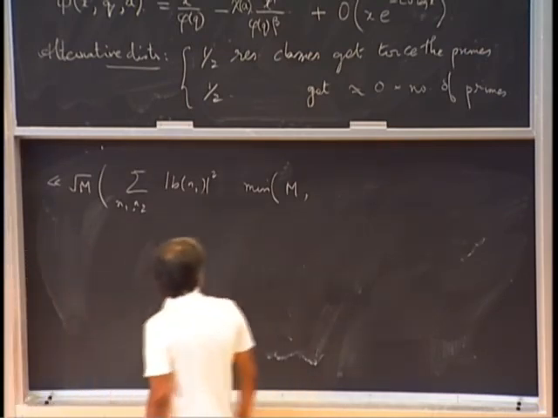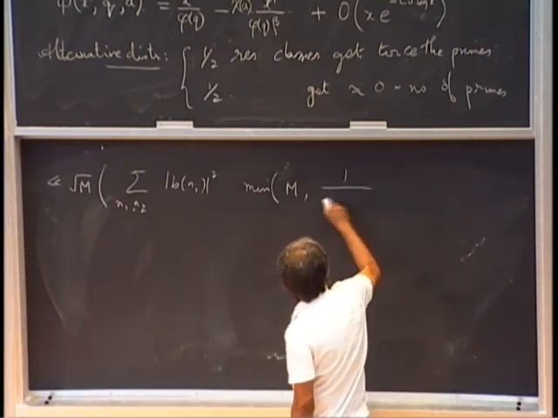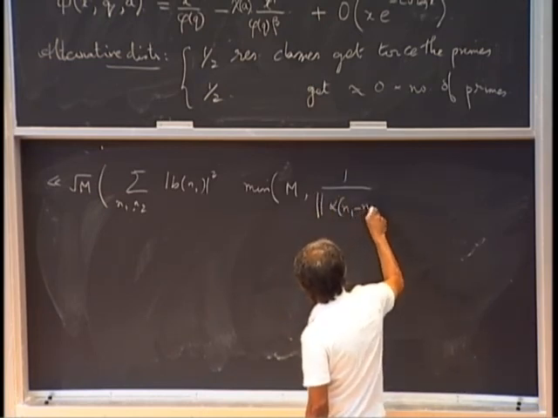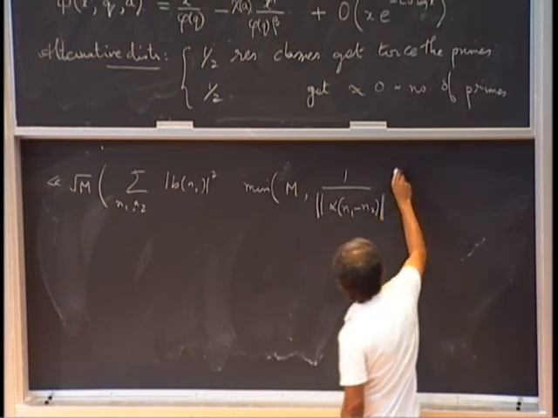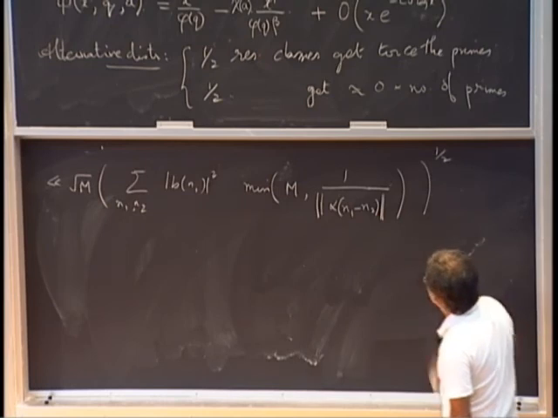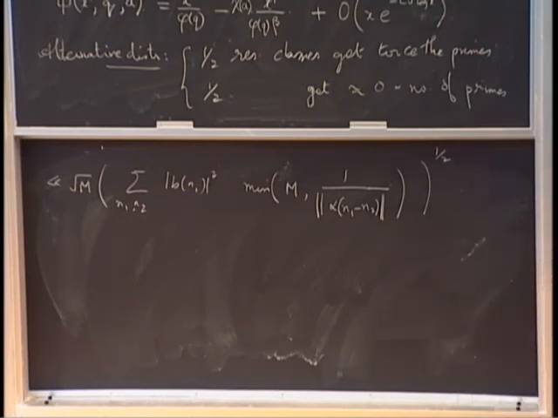When I proceed from there, I get 1 over the distance from the nearest integer of alpha times (n1 minus n2), and then the square root of all of this.